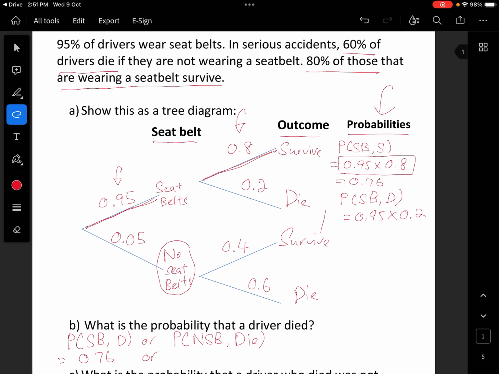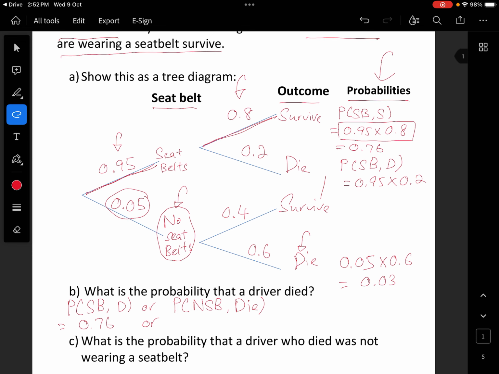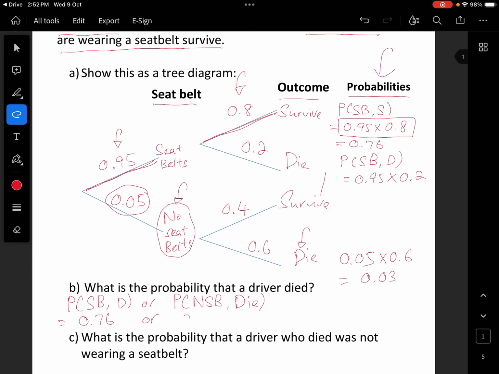Or we could have another scenario where he is not going to wear a seatbelt and he also may die. So we take 0.05, which is on this branch, and multiply this by 0.6. If we put that onto the calculator, that should give me 0.03. Now, if I have 0.76 or 0.03, have a good think about this. Would you add or would you multiply the probabilities?